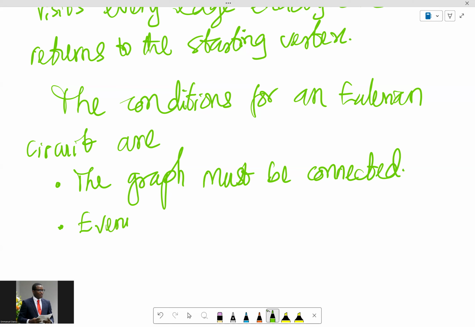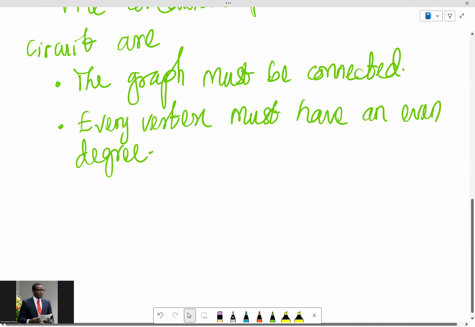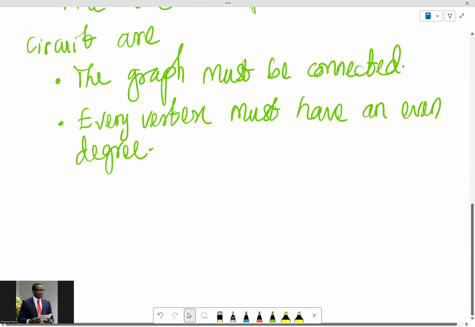The other condition is that every vertex must have an even degree. I think this is a nice place to introduce an example.